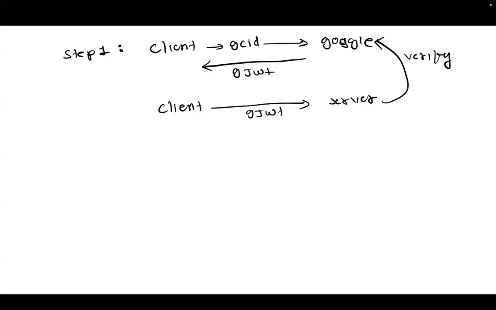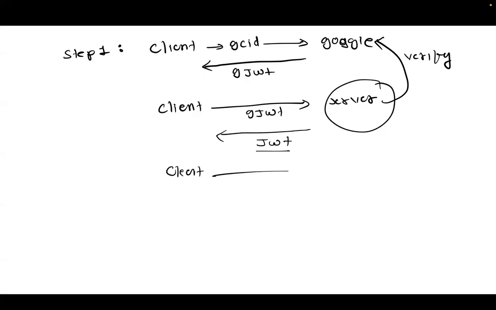If it is correct, then the server is going to give back its own JWT now, which is created using the secret key which only our server has. Once the client receives this JWT, from here onwards, any API call or any request the client makes, it needs to share this JWT. Every time, our server will verify whether the JWT shared by the user was generated by our server only.